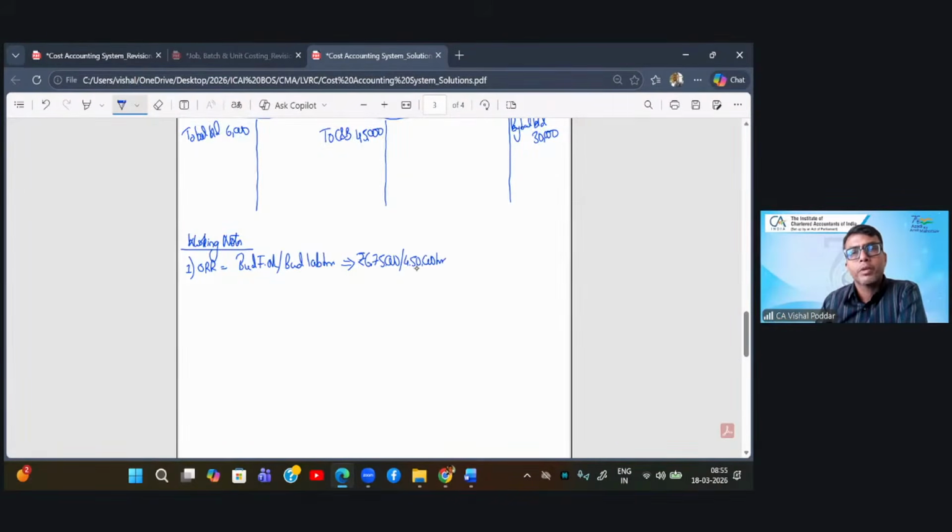Half of 4,50,000 is 225, and if I add 225, I get 675. So it means it is rupees 1.5 per labor hour. So what is my overhead recovery rate or charging rate for factory overheads? It is rupees 1.5 per labor hour.